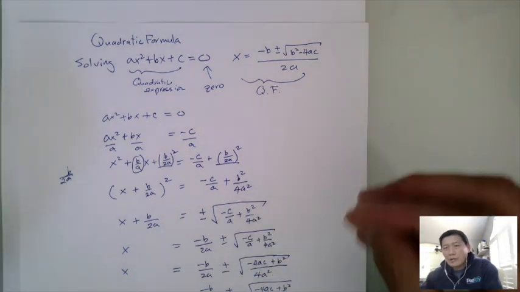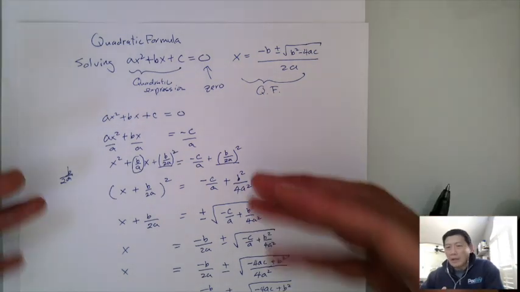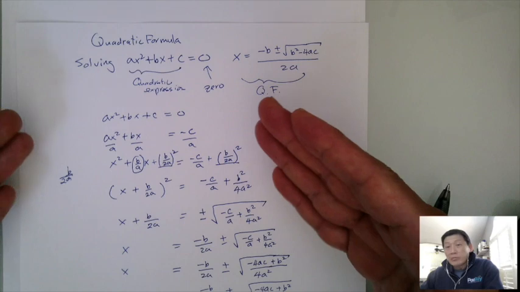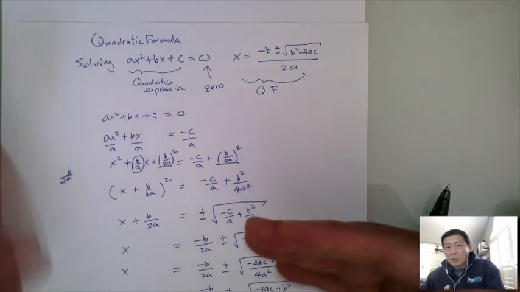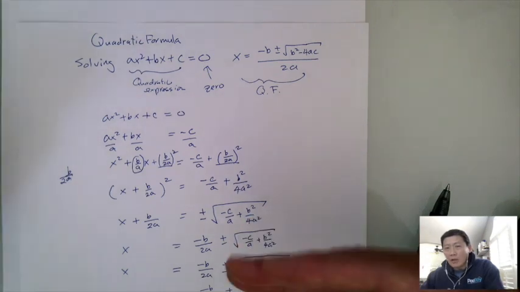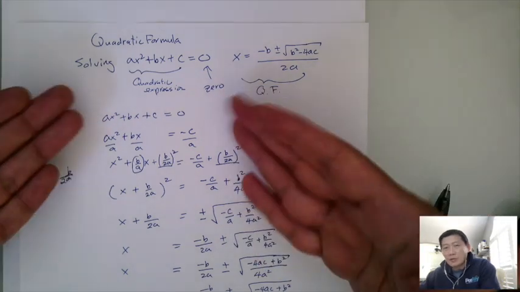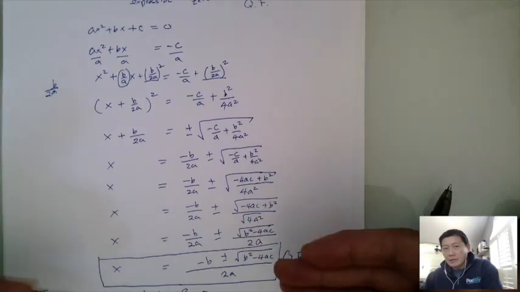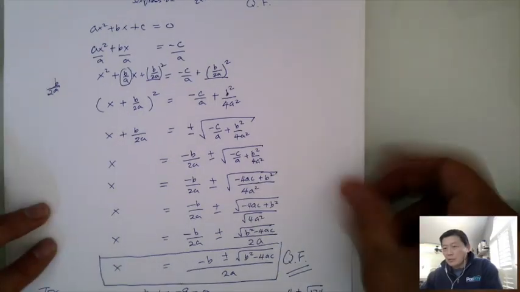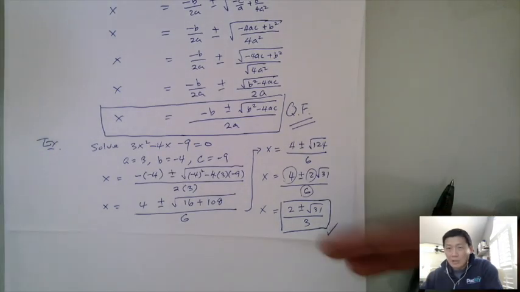It's not just some random thing that we ask students to memorize, but it came out of the process of using a variety of techniques that we explored earlier on solving a quadratic equation, and applying the same techniques on a more generalized form of the quadratic equation, and then we come up with the quadratic formula. And as you can see, this quadratic formula is useful in providing shortcuts on solving some practical problems.